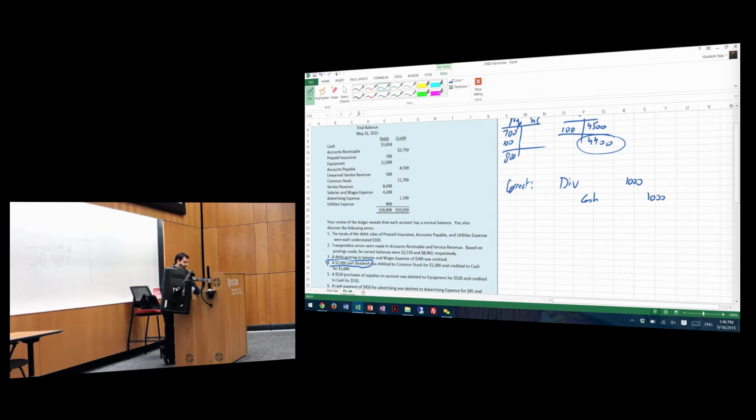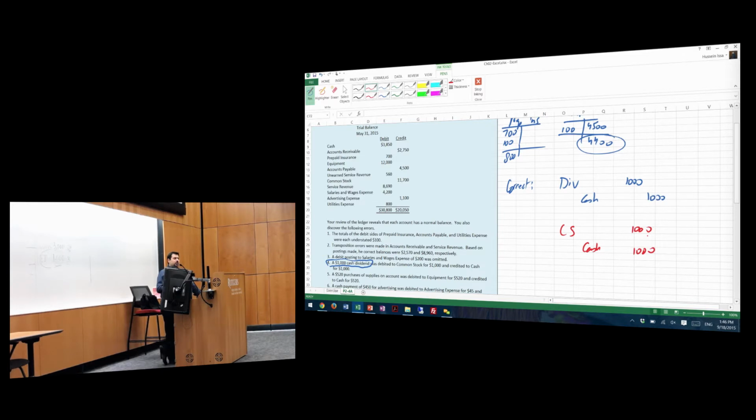What was the entry that they made and that was incorrect? They debited common stock 1,000. They credited cash 1,000. There are different ways of doing that. This is a correcting entry that you can do in one of 2 ways. You can either cancel the incorrect one and re-enter the correct one. At this stage, I advise you to do that.